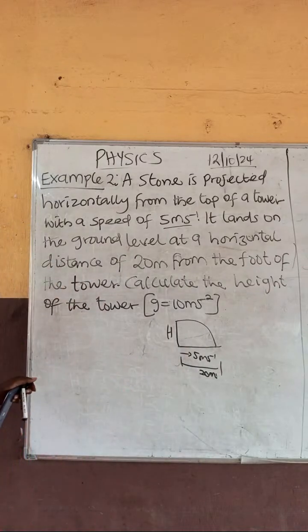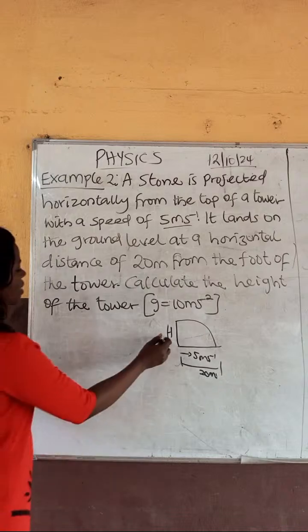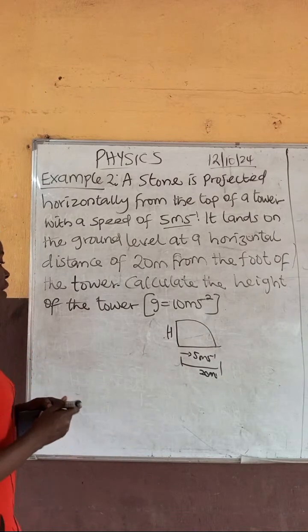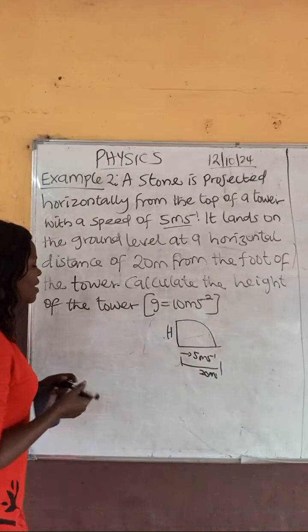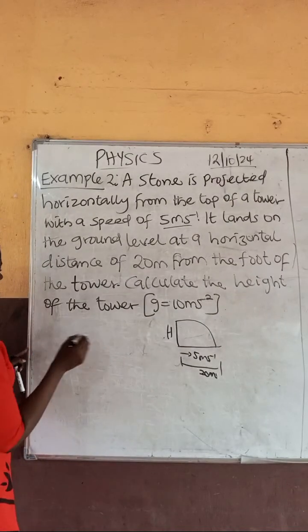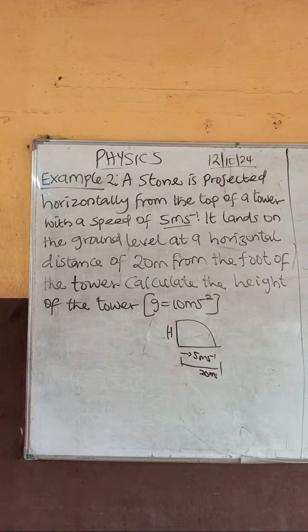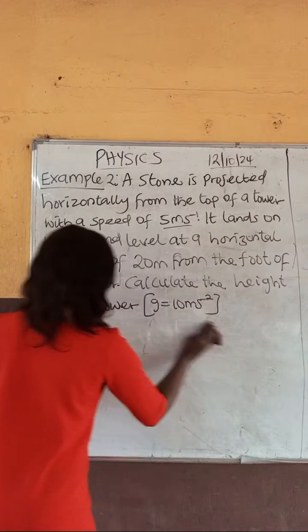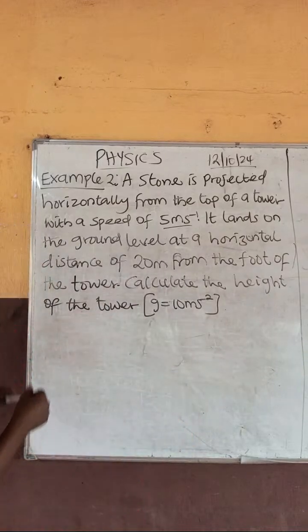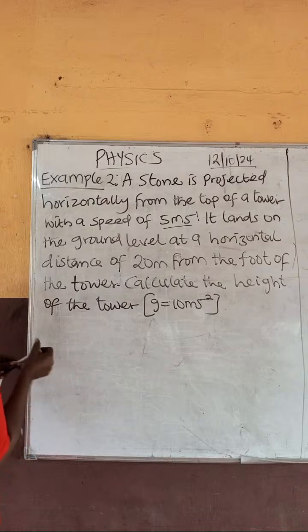So what are we looking for? We are looking for the height. Now there's a relationship between range and time. Now we are going to look at the parameters given. What are the parameters given?